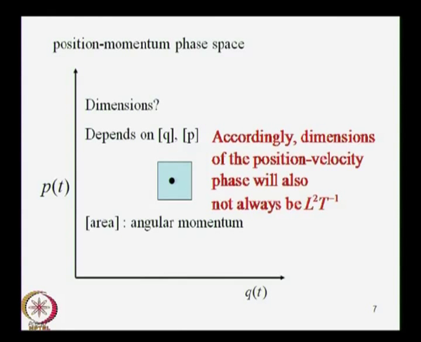And the position velocity space will also have corresponding dimensions, but it is possible to choose position to have a dimension which is not always length, because depending on the context you can think of other parameters to represent the position. You can think of just an angle, for example.